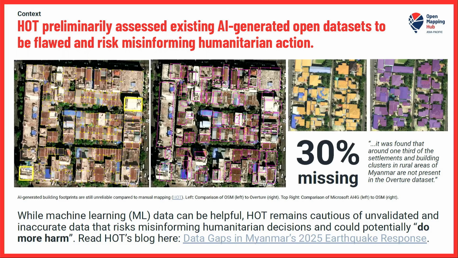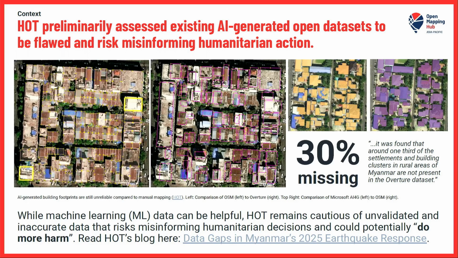On the left, the yellow ones, I hope you can see it, are the OSM building footprints. You can see exactly that each building is delineated accordingly. While on the right side of this bigger picture, the purple highlights are the AI-assisted data. I think this is Overture.